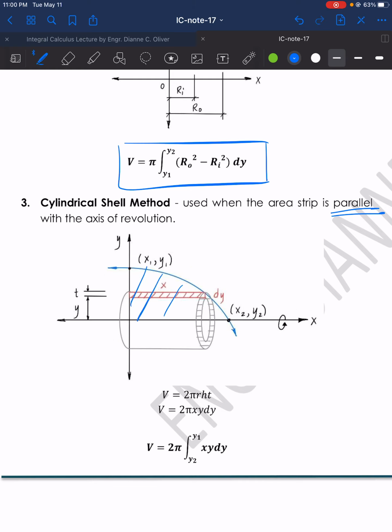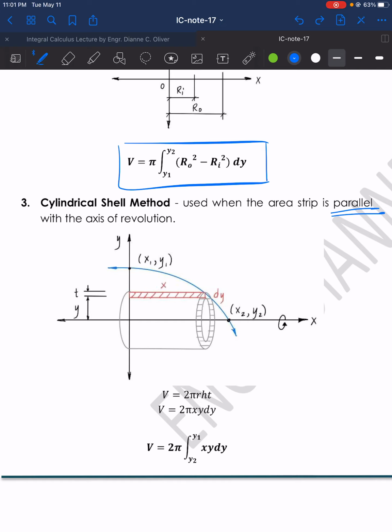Then we have this area here. To take the volume that is formed, which is the paraboloid, we can use the horizontal area strip x dy, and notice that it is parallel with the axis of revolution.